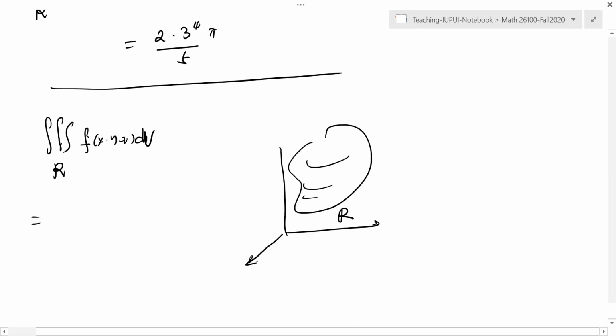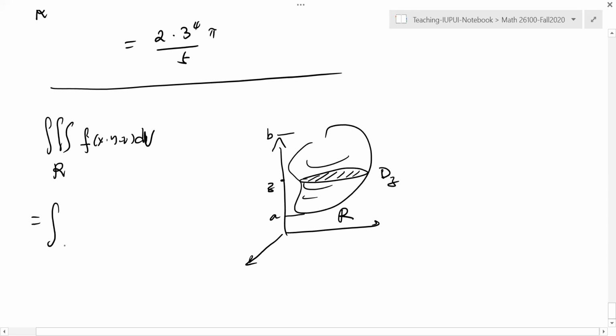One is, if you project it onto the z-axis, you get an interval from A to B. Then for each z, you get a cross section, which we call D_z.